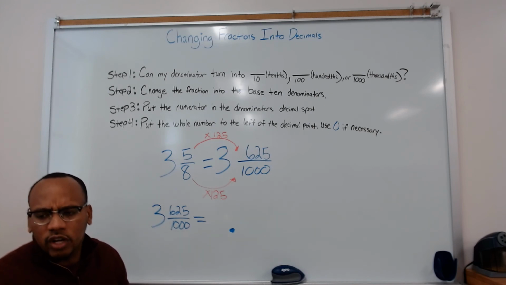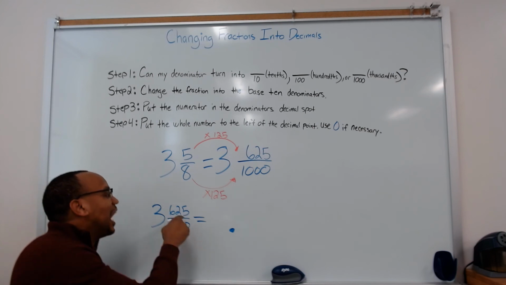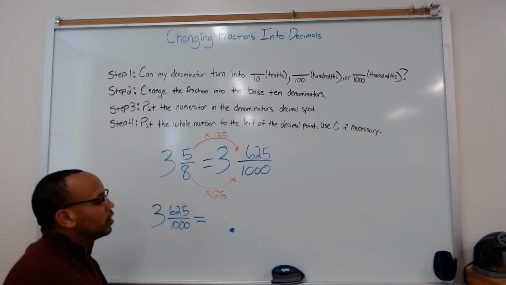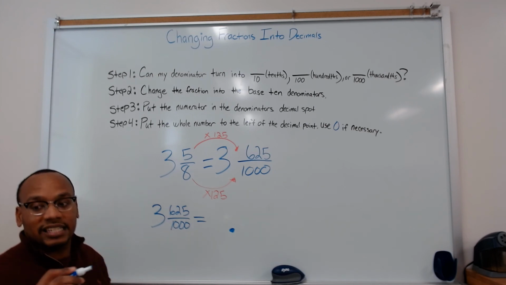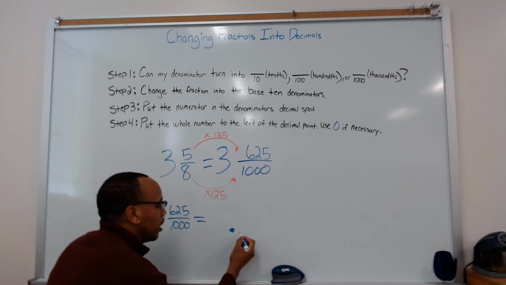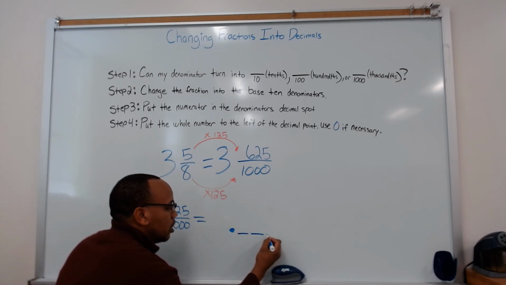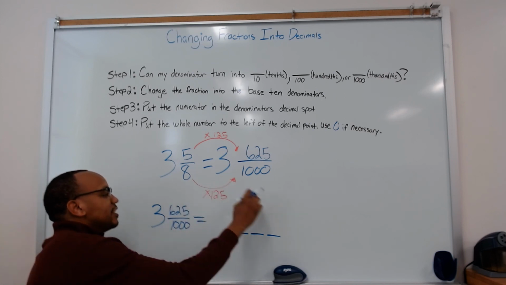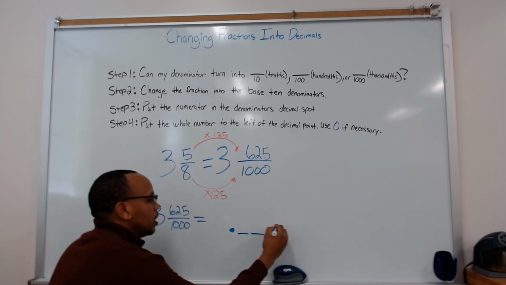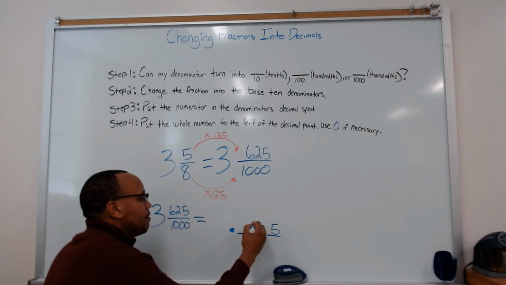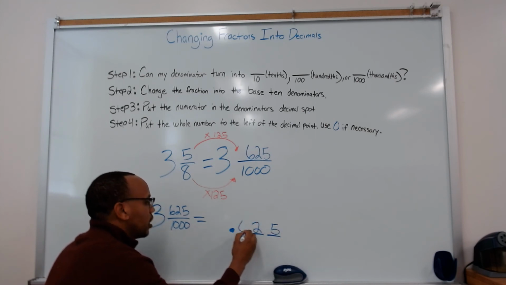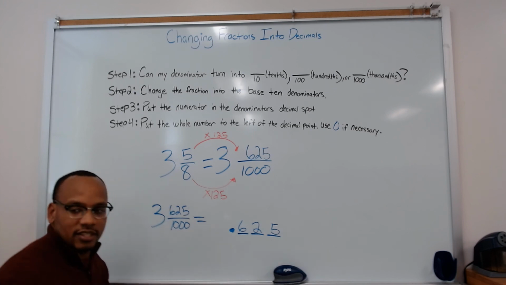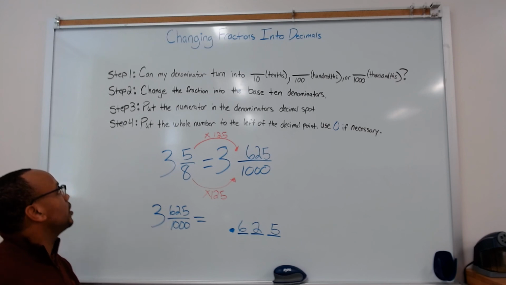Only one number can go in the thousandths spot. The last number must be in the thousandths spot. Well, the thousandths spot is 3 places to the right of the decimal point. 1, 2, 3. This is the thousandths spot, which means the 5 has to go in the thousandths spot. So that's 5, then that's 2, that's 6. That's 625 thousandths. That's step 3.